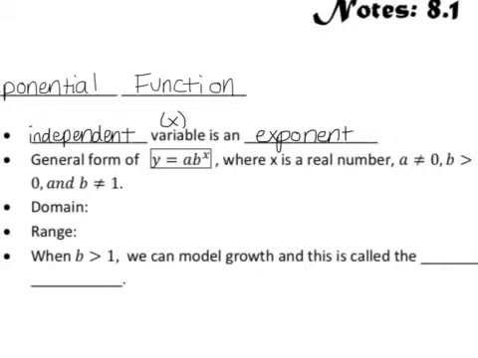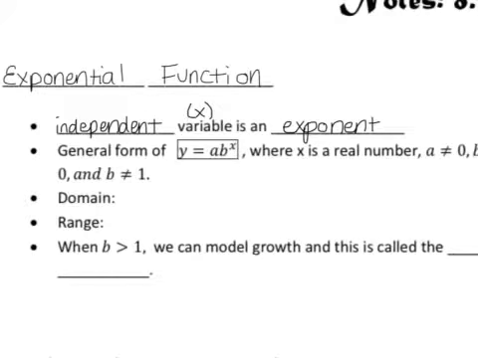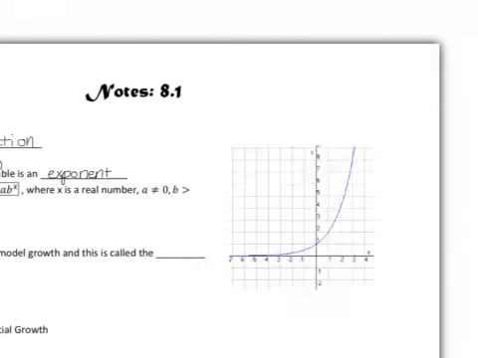The domain and range for these are all real numbers in general, and then for specific equations, it'll be more specific. Like for the example over here, the range would be everything greater than 0. But just in general, these functions have the ability to be anywhere.